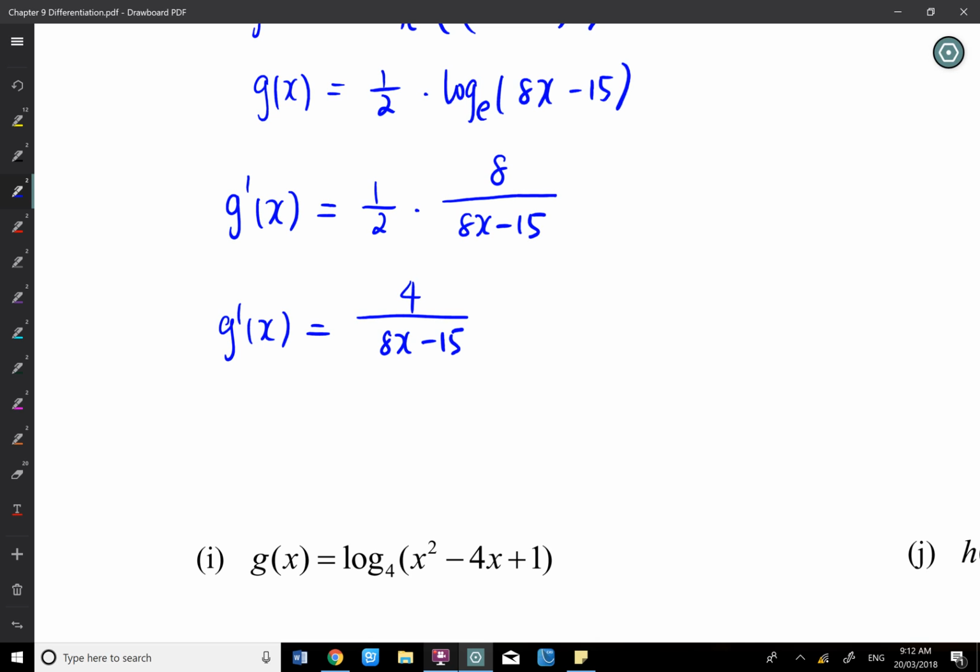Can you see how easy it is? If you derived it directly, you'd need to derive 8x minus 15 to the power of a half. The inside becomes a half times 8 times 8x minus 15 to the power of negative a half, over the square root of 8x minus 15, and then we need to simplify it. It takes a long time.